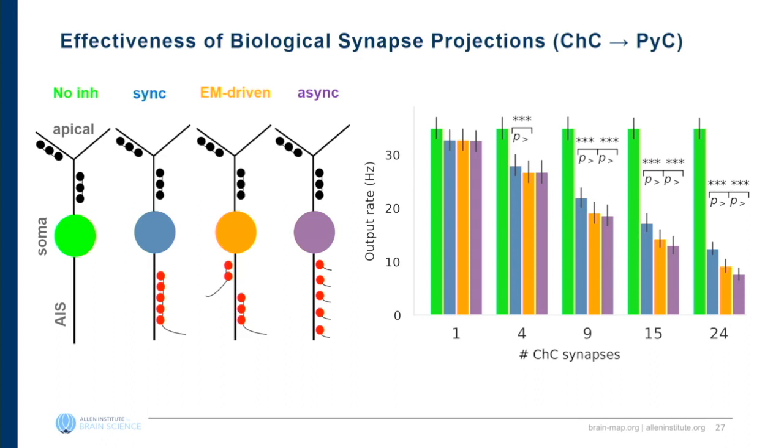The synchronous case is the least effective form of inhibition, and the EM-driven or biological case is intermediate between these 2 cases. And so this provides a trade-off between the most effective form of inhibition, represented by the asynchronous form, and the least effective form, represented by the synchronous form, because the synchronous case only offers 1 connection.